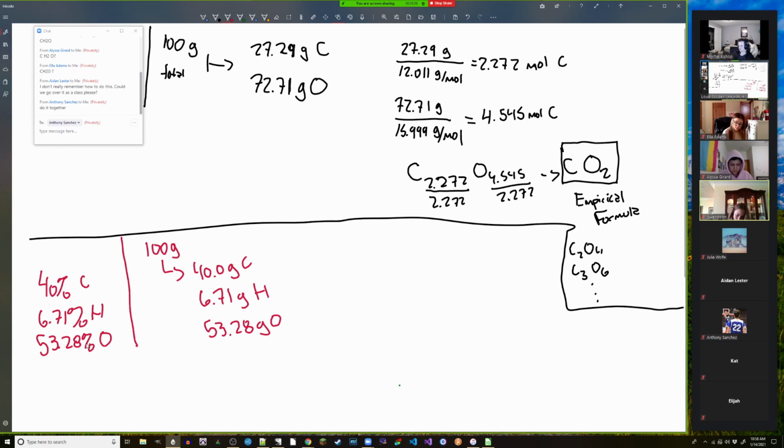And then I want to convert these numbers of grams into moles of the substance. Right? So I have an amount, a mass.